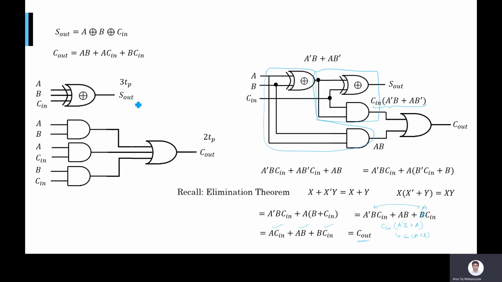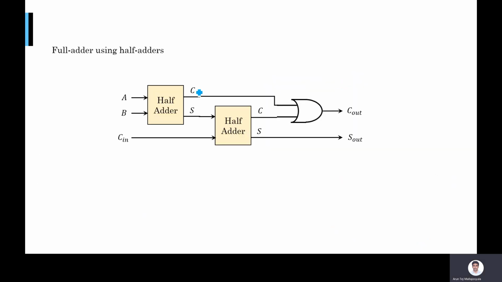First half adder is having inputs of A and B. Carry is given to the second half adder. Sum of the first half adder is given to the second half adder. Okay, so first half adder, A and B are the inputs. Carry is given to the second half adder along with the sum of the first half adder.